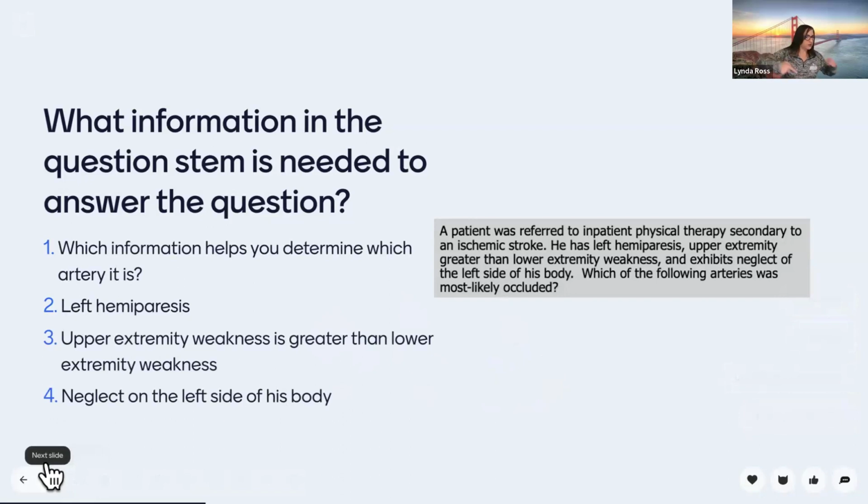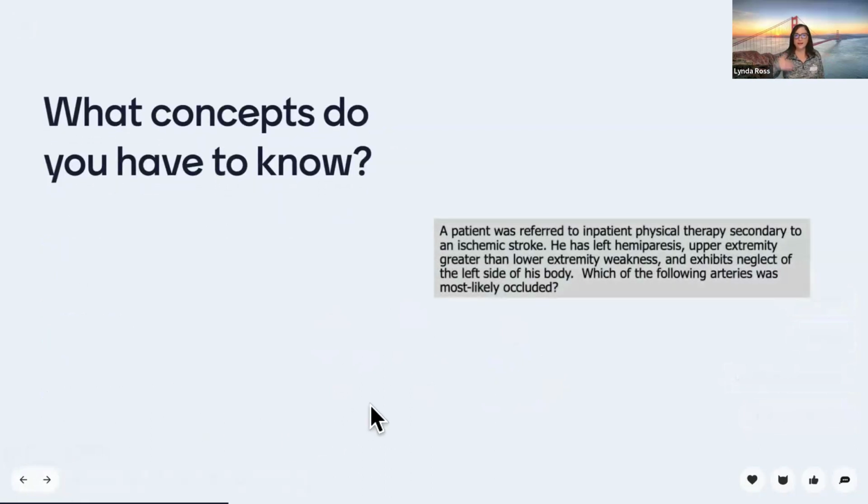So the wheel should be spinning as you're trying to pull up those concepts, right? So what concepts do you need to know in order to answer this question? Different arteries. What about the different arteries?